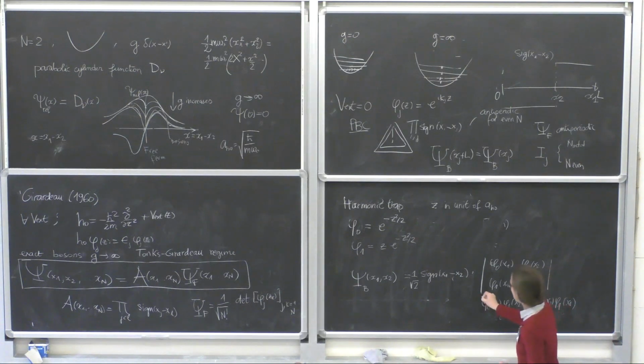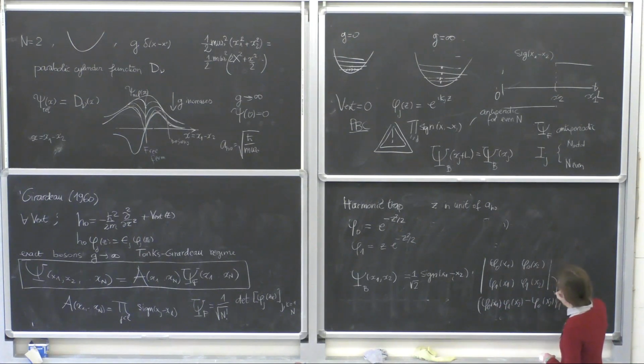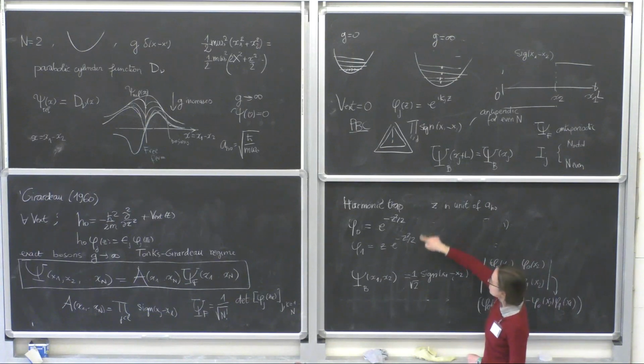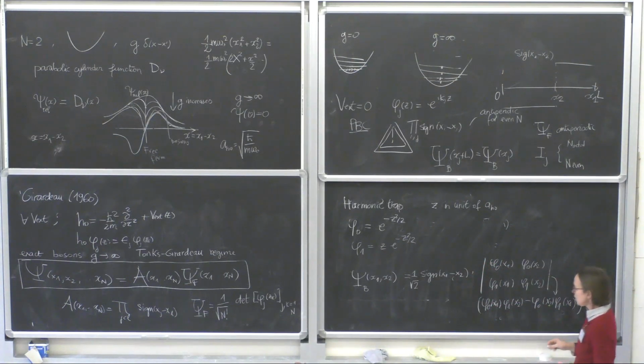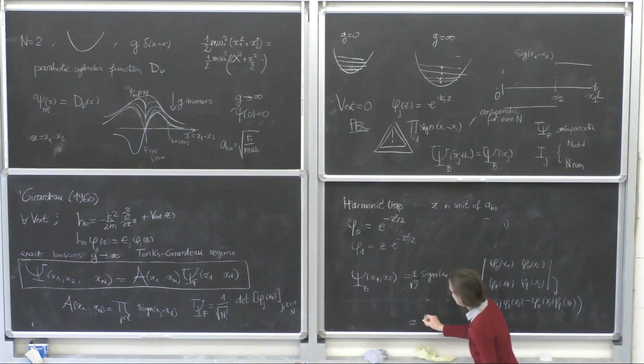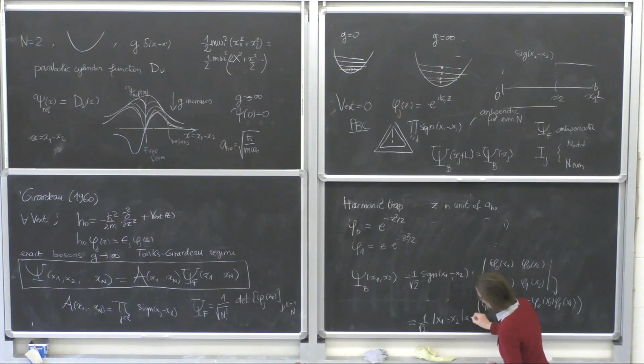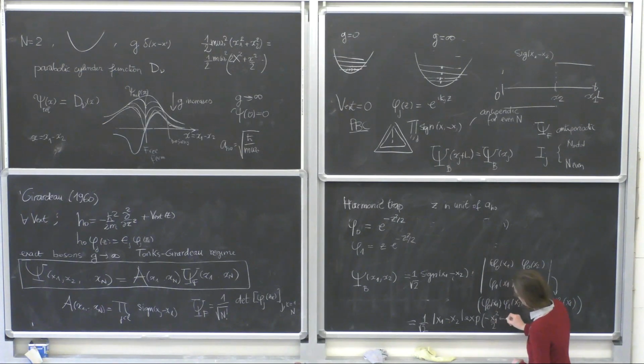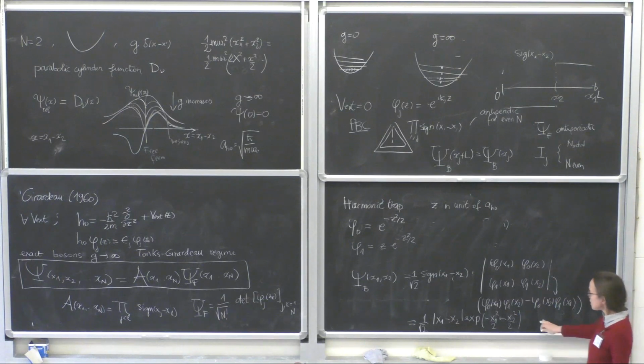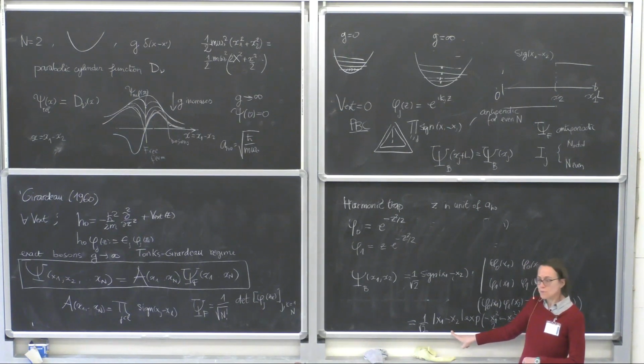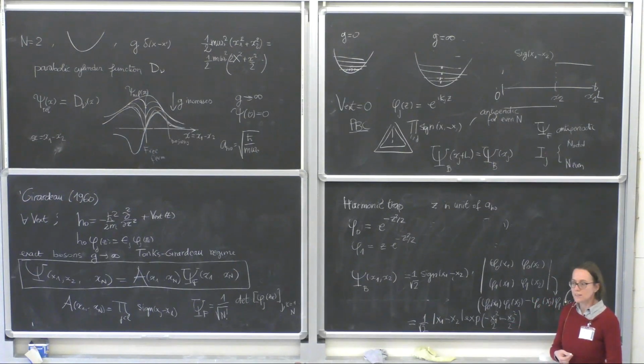So if you replace these choices here, you see that this is equal to the modulus of x1 minus x2 times the exponential of minus x1 square half minus x2 square half. Okay, so we constructed explicitly the solution, and it has explicitly a cusp in the relative wave function.